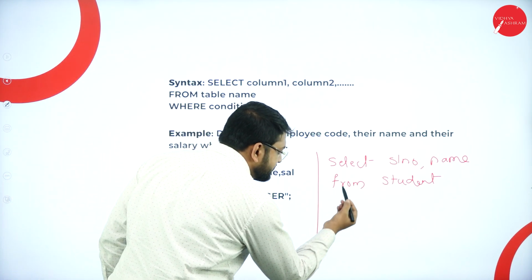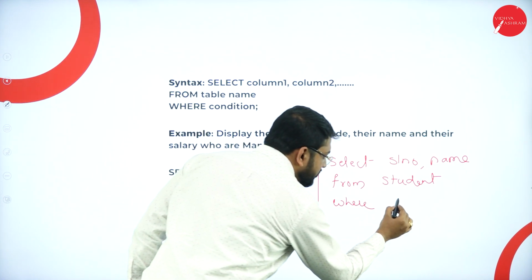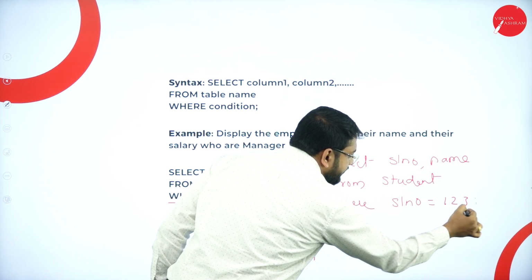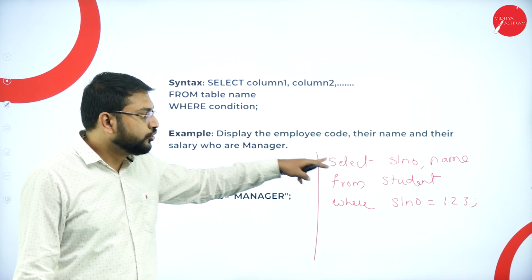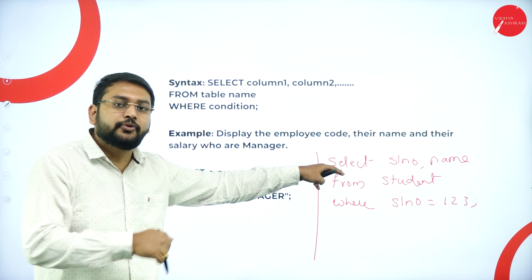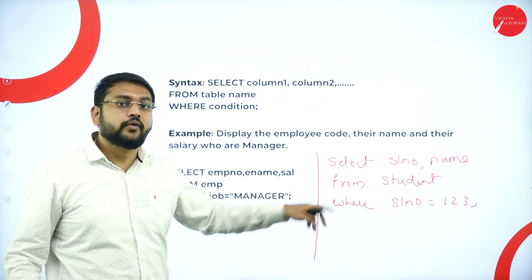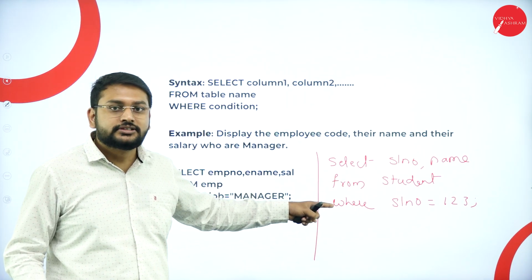Next is the where clause. Where serial number is equal to 123, semicolon. Whose serial number is 123? You retrieve the serial number and the name of that particular student. This is how I will be filtering the data that I want in the where clause.